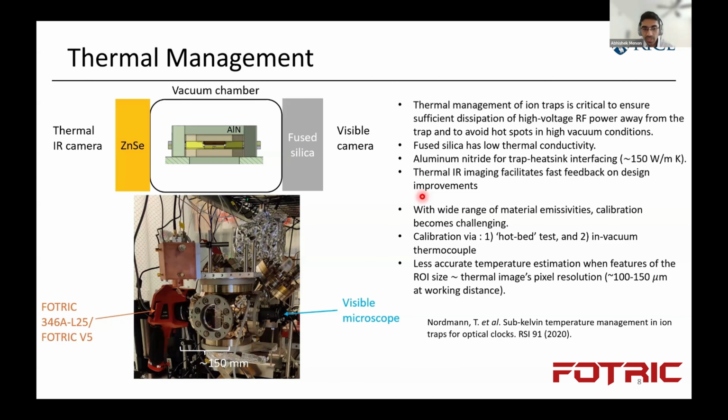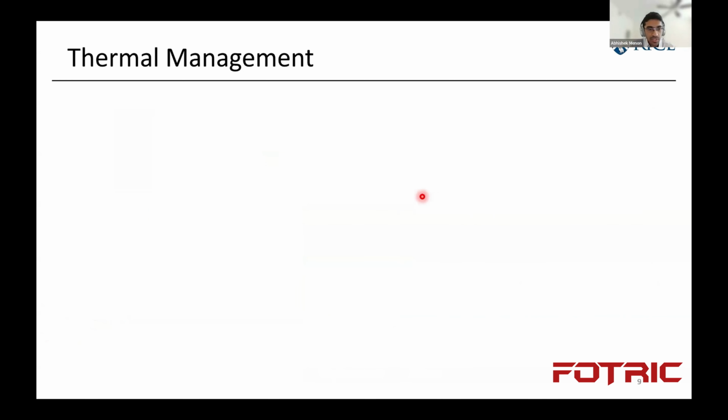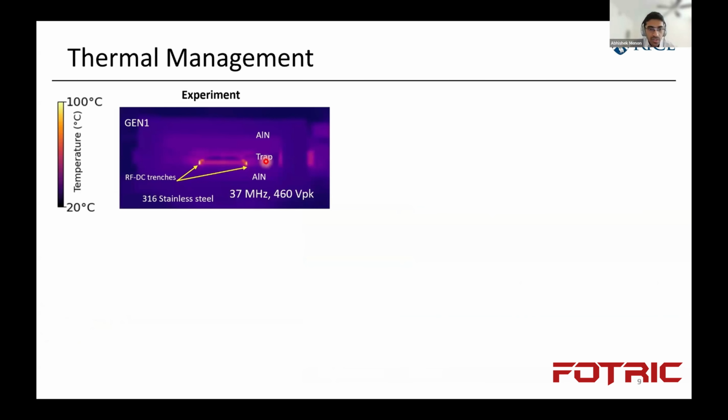So at the time when we used it, it was comparable to the trench gaps, especially. I think in this picture, as you can see here, in the order of 100 to 200 micron was the pixel size for the working distance we had, which was about 150 millimeters. And the trench geometry effectively has a dimension of about a few hundred microns as well. So they were really comparable.